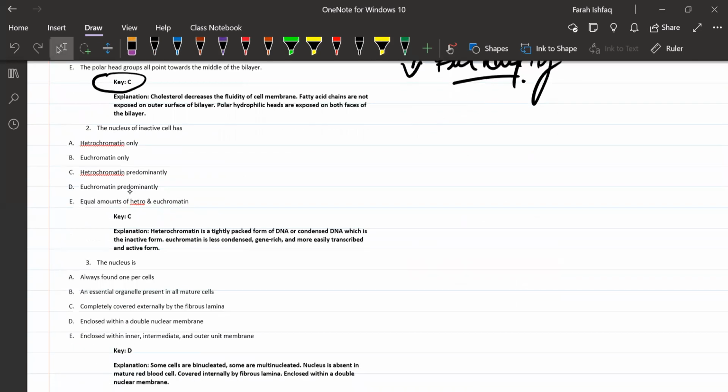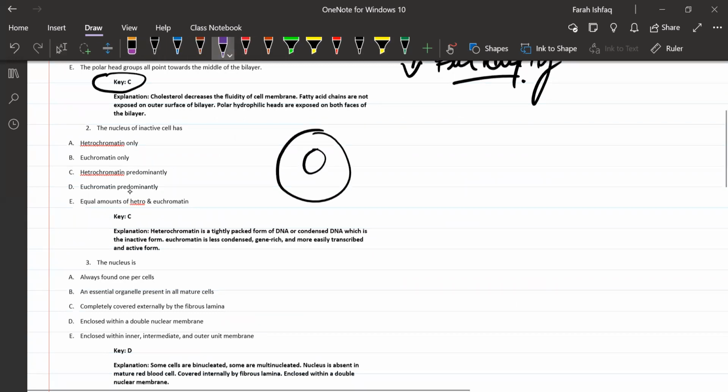So second MCQ, the nucleus of an inactive cell has. As you know, the inner material which is present in the nucleus of the cell is the chromatin. The major function of this chromatin and the DNA is the synthesis of proteins for the cell and the outside.